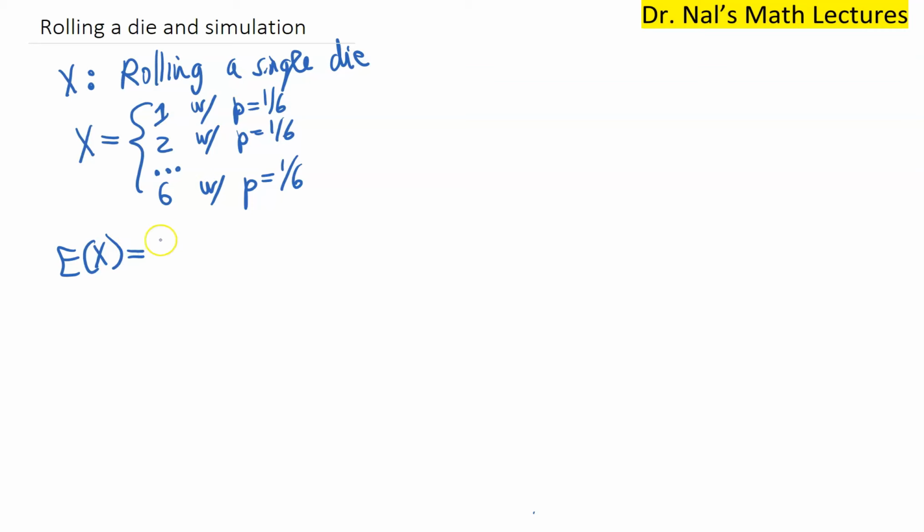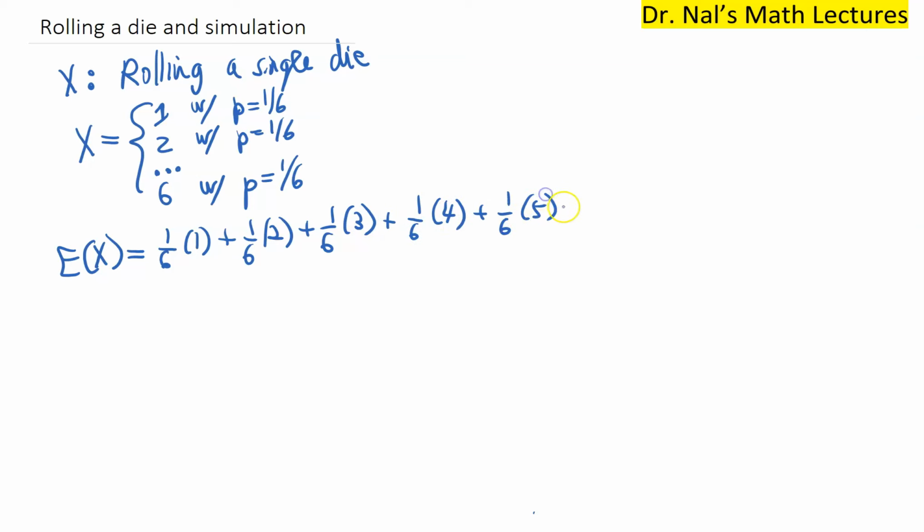On average, what are we expected to get? Well, we can just use the formula that we kept using. So 1/6 chance we'll get a 1, plus 1/6 chance we'll get a 2, plus 1/6 chance we'll get a 3, and so on. Okay, let's just finish it. 1/6 chance we'll get a 4, 1/6 chance a 5, 1/6 chance we'll get a 6.